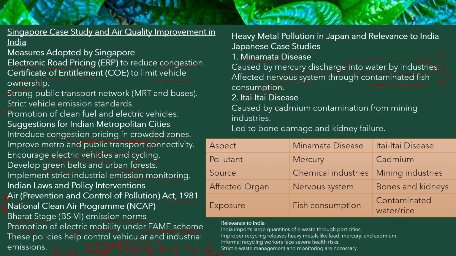Itai-itai disease was caused by cadmium contamination from mining industries. It led to bone damage and kidney failure. Now this is a differentiating table where pollutants were mercury and cadmium, sources were chemical industries and mining industries, affected the nervous system, bones and kidneys, through fish consumption and contaminated water.